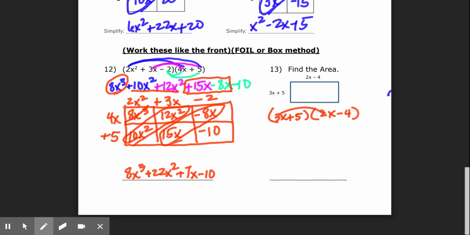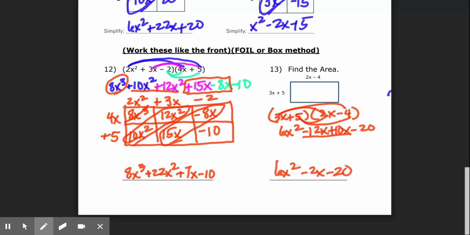So 3x times 2x is 6x squared. 3x times negative 4 is negative 12x. 5 times 2x is 10x. And 5 times negative 4 is negative 20. So we have our 6x squared. Negative 12 plus 10 is negative 2x, minus 20.